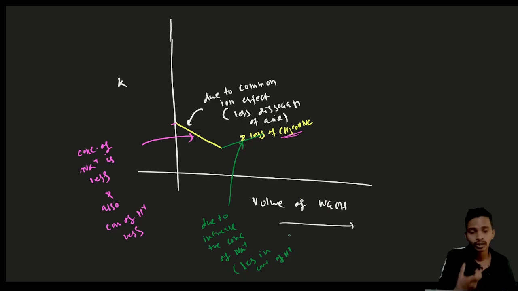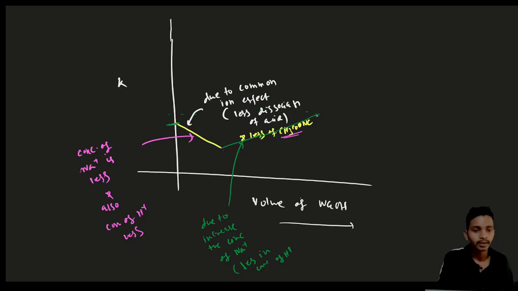H plus is decreasing more and more, but Na plus is forming more and more, and due to Na plus this increase comes. And this goes even higher than that, because that was due to a weak acid and this is now a strong electrolyte. So this value is more than that now.